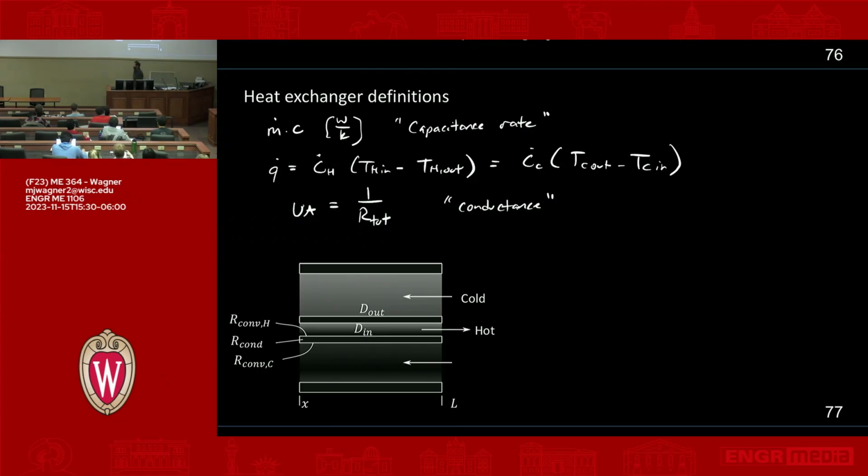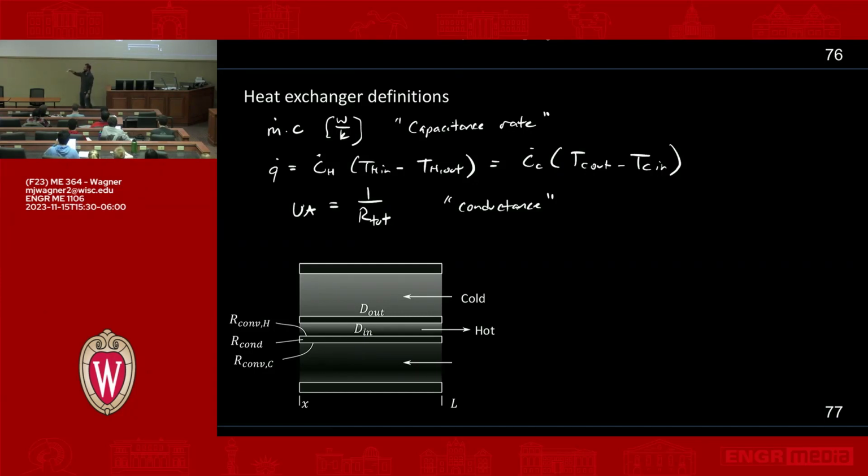The conductance of the heat exchanger is, as the formula says, a measure of how well heat moves from one fluid stream to the other. So as the resistance goes up, conductance goes down. If you want a good heat exchanger, you want high conductance. Where it actually comes from is this thing U, which is effectively a total or effective heat transfer coefficient.